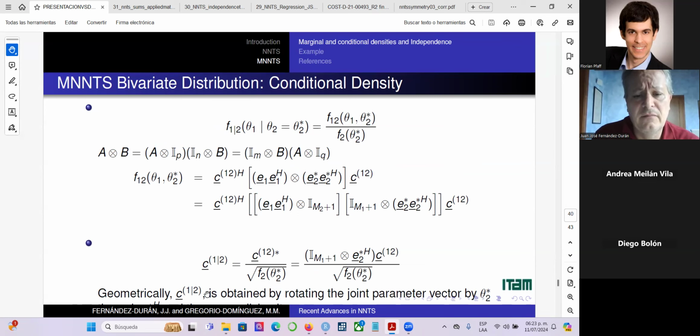In some sense, it behaves like a multivariate normal distribution: it is closed under conditioning, closed under marginalization, and the sum is closed under summation. It is very interesting that these properties can be proved very easily.